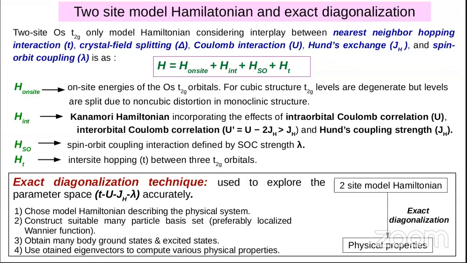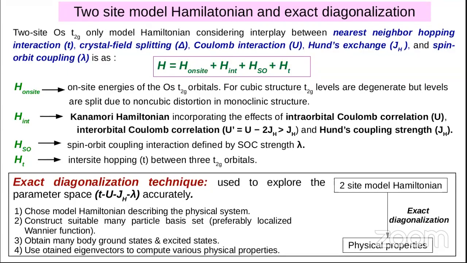Next, to understand the interplay between nearest neighbor hopping interaction t, crystal field splitting, Coulomb interaction, Hund's exchange, and spin orbit coupling, we have constructed a two-site model Hamiltonian which takes this form, where each epsilon is the on-site energy of the Os t2g orbitals. For cubic structure, these are degenerate, but for monoclinic, these are non-degenerate. H_int incorporates all the effects of intra-orbital Coulomb correlation U, inter-orbital Coulomb correlation U prime, and Hund's coupling JH.